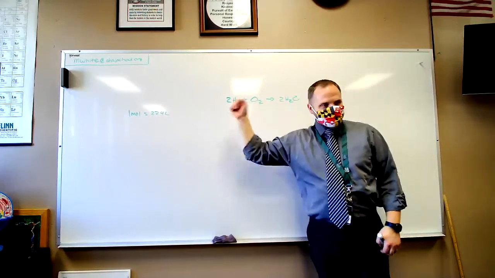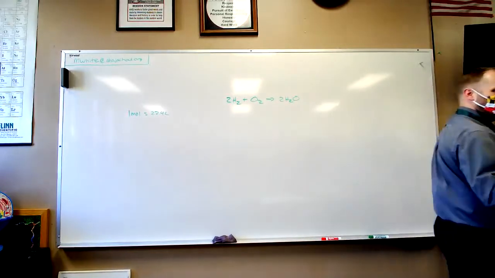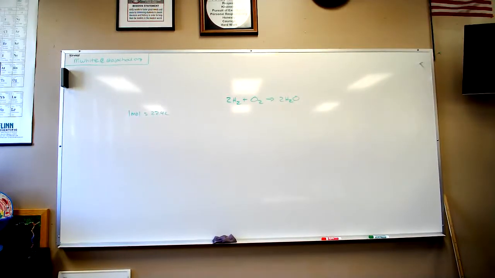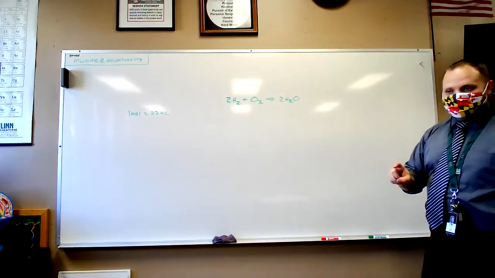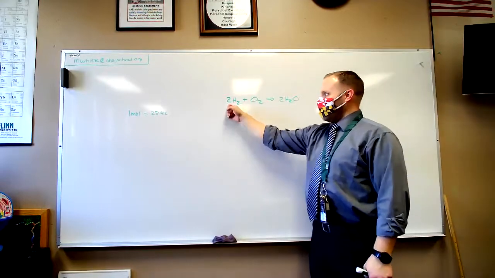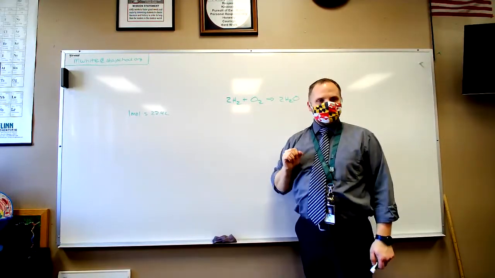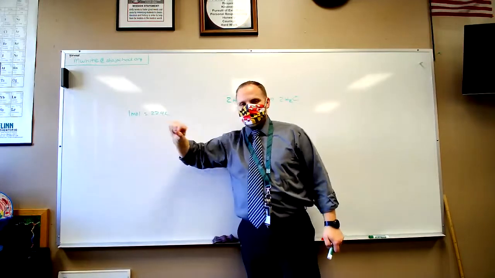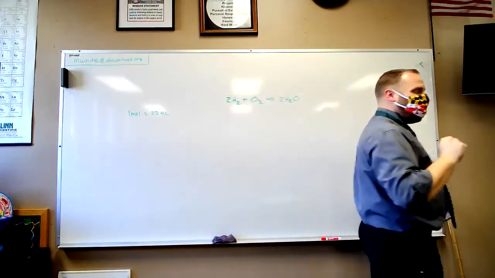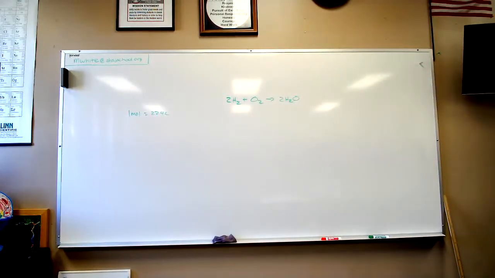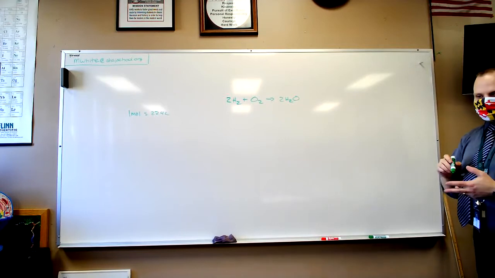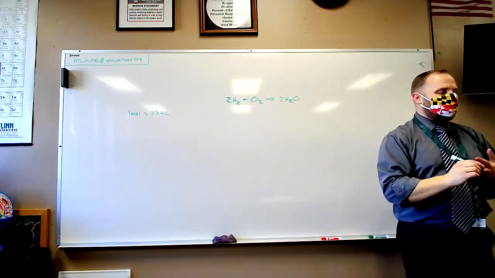If they're in the same container, they have the same temperature and they have the same pressure, which means an equal volume has an equal number of particles, because we know from Avogadro's principle. Okay? Avogadro's principle tells us it only matters how many particles you have, not what type of gas.